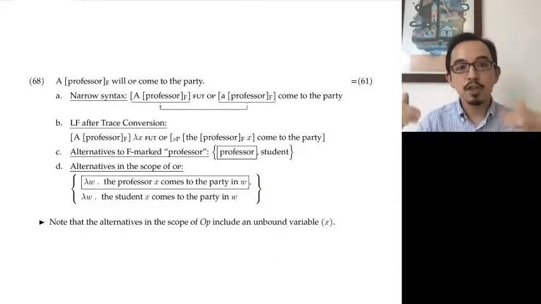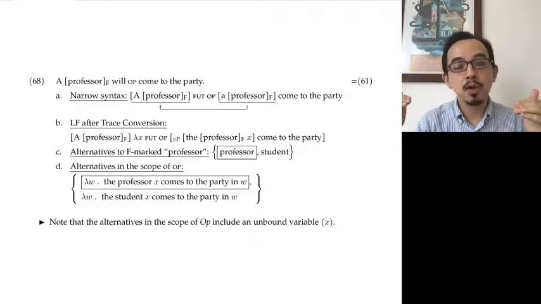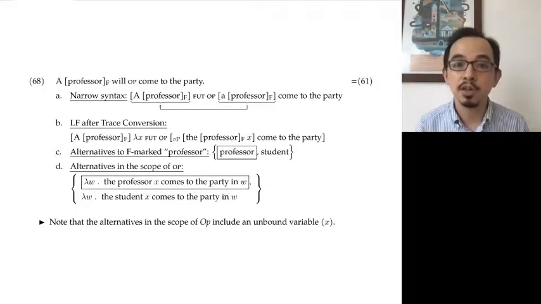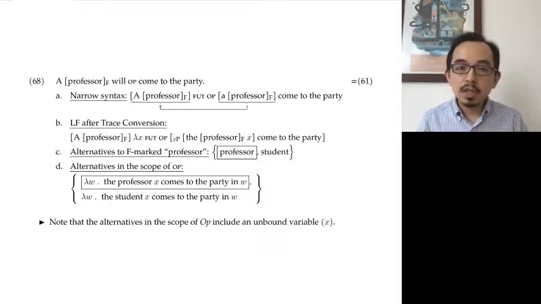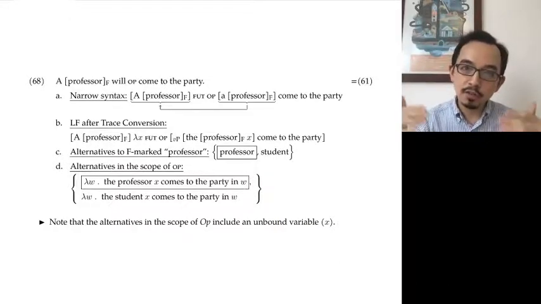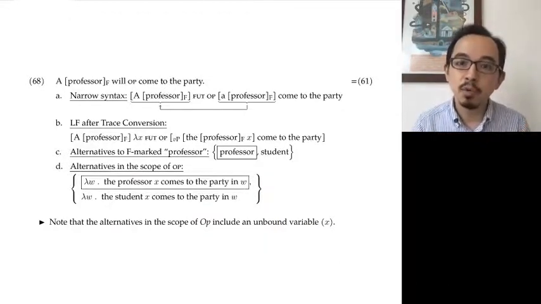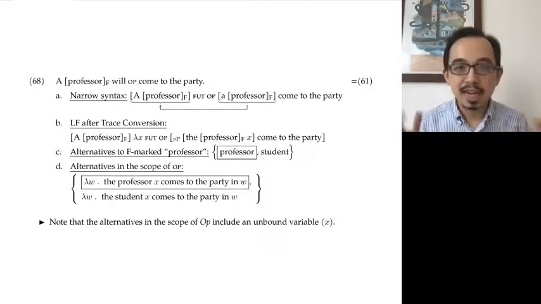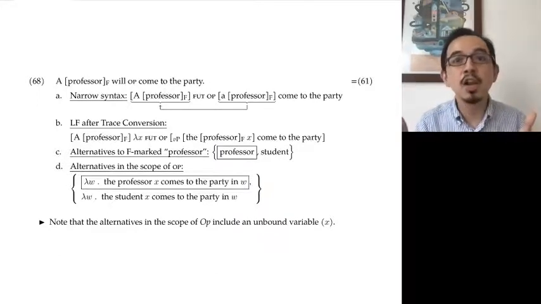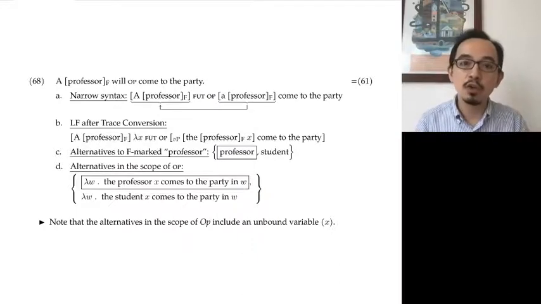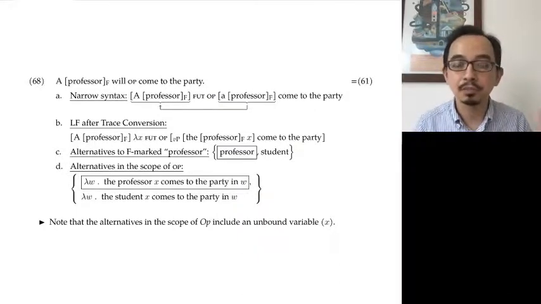And therefore, we have the alternatives in the scope of the operator, which are the proposition that the professor x comes to the party and the proposition that the student x comes to the party. And we notice in particular that these alternatives include this variable x, which within the scope of the operator is an unbound variable. It's going to get bound by the lambda abstractor higher.